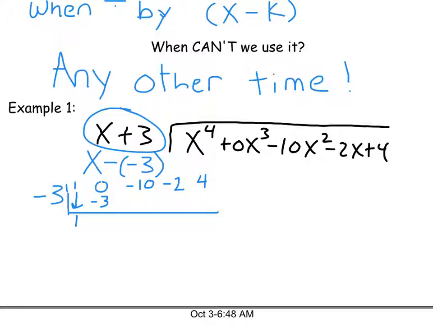So 0 plus -3 is -3. I'm getting a 9 there because I multiplied -3 by -3. I get 1. Excuse me, -1, which would give me a +3, that would add up to 1.